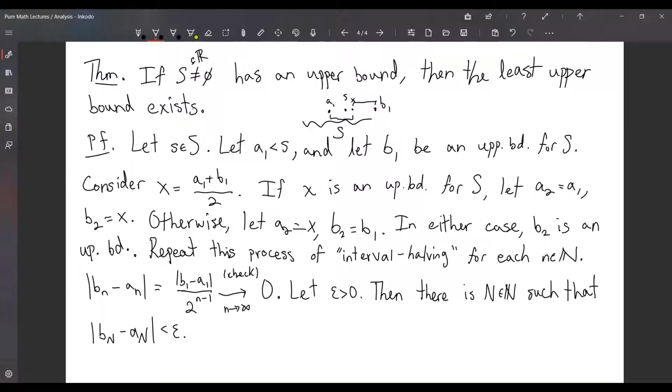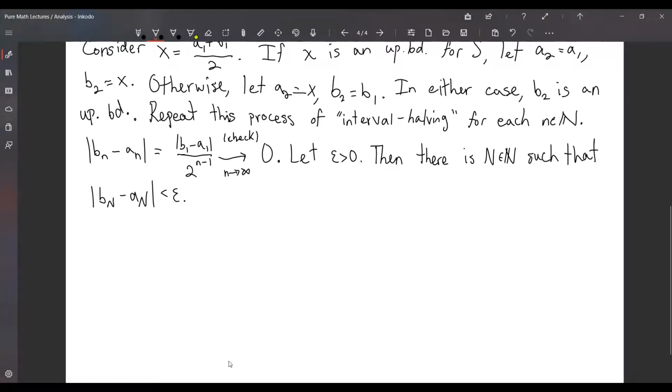And this just means that the length of the interval, remember our interval here would be a sub big N to b sub big N, this interval has a length which is less than epsilon.